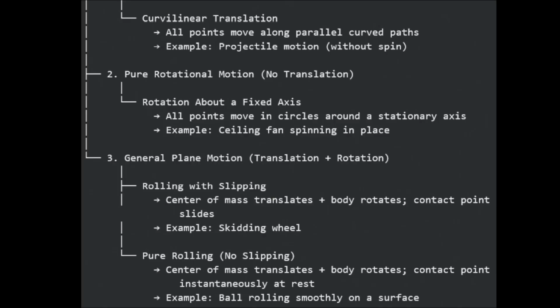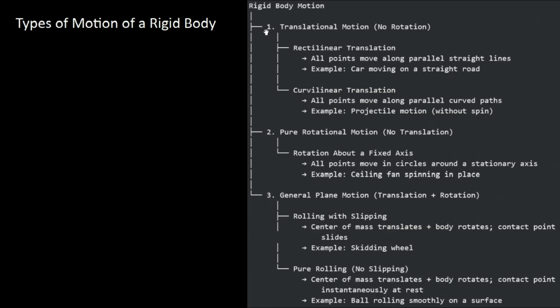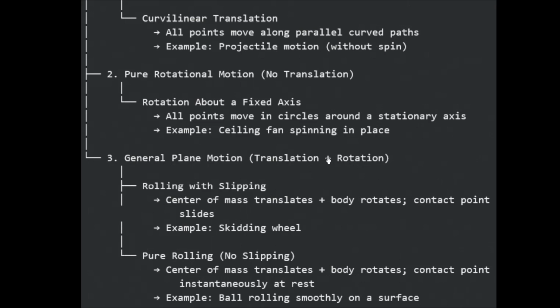Anyways, we are looking at types of motion. There are three main types: translational, pure rotational, and translation plus rotation. Now we are looking at translation plus rotational, that is general plane motion. Under that we have something called rolling with slipping and pure rolling. So we'll be studying these three basically: pure rotational, rolling with slipping, and pure rolling.